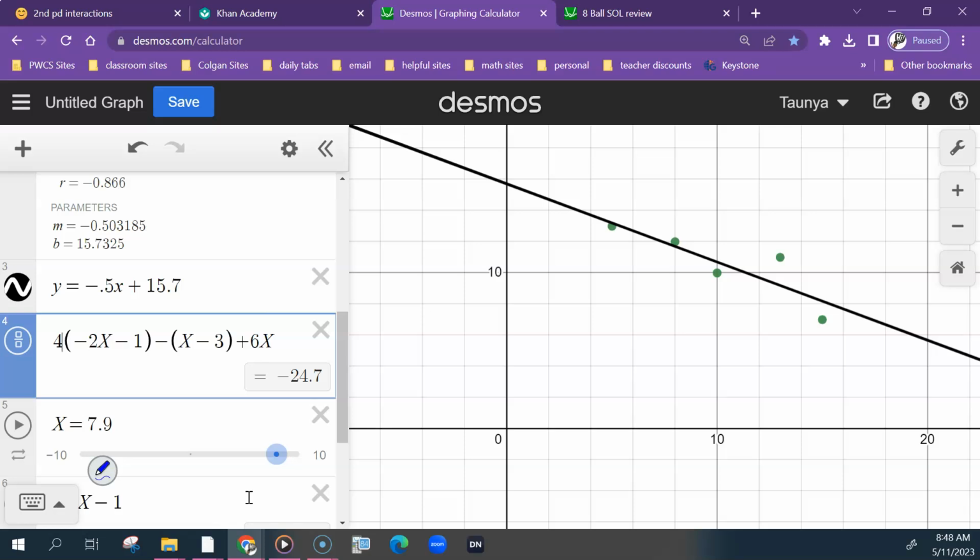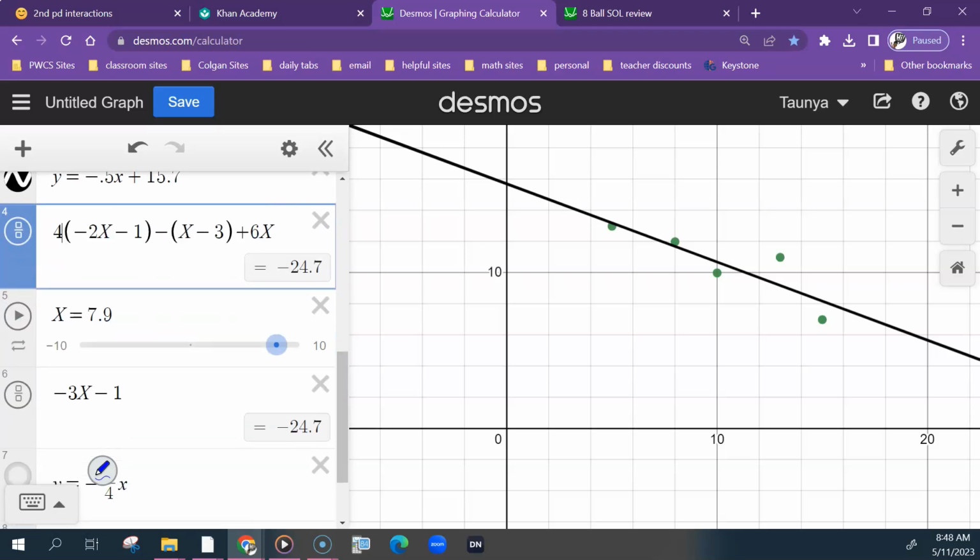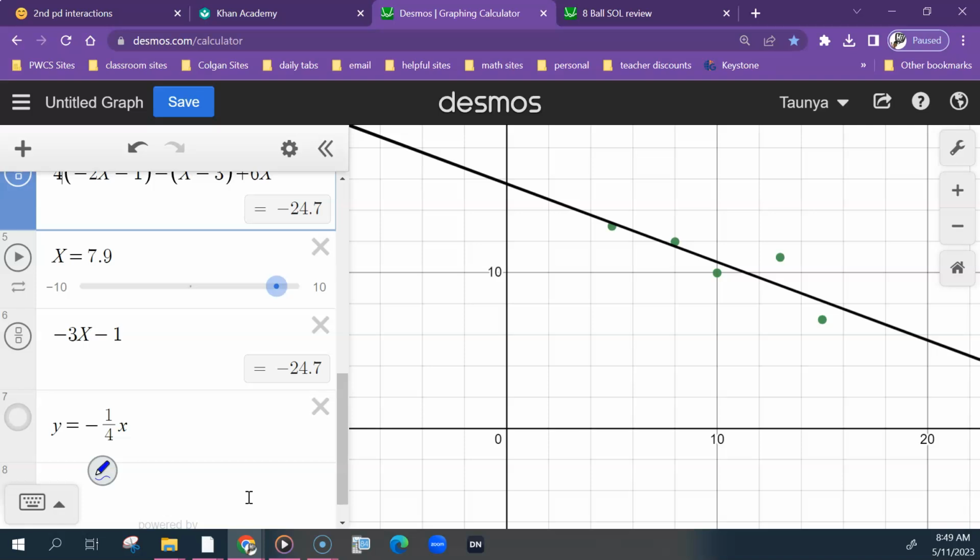For 4, you could do the work and then double check it in Desmos, put in everything, capitalize your x's, add it as a slider, change it to some value, put in your final answer, and if they match, that's right. So if you got -3x minus 1, that was correct.